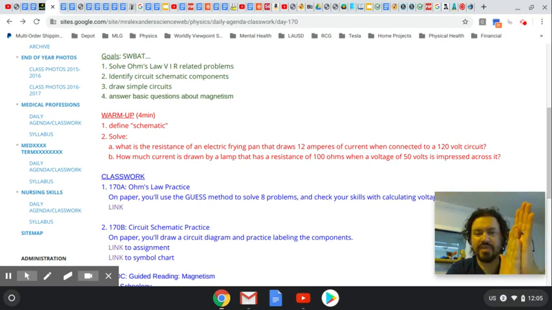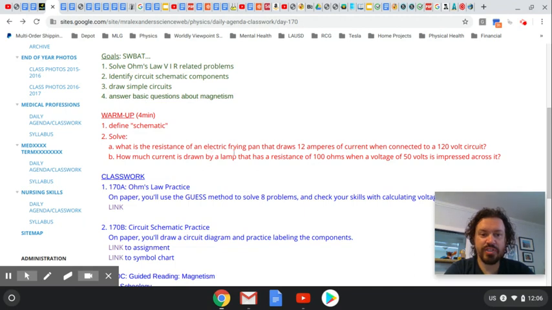And this is what's happening with electrons in an electric frying pan, in an iron, in a heating blanket, or a steam mop. They all have resistors in there, and those things resist the flow of electrons and therefore get hot. So figuring out the resistance there is problem A.